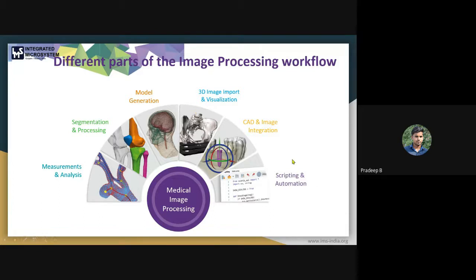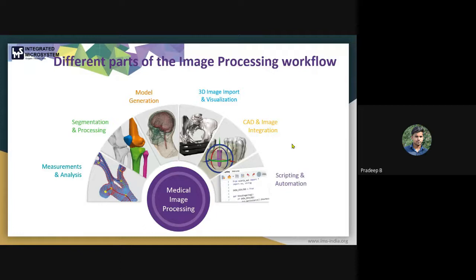To reduce some parts of the workflow, we can use scripting. We can convert the log into a script in a simple way, and then we can reduce the time for our image processing workflow.